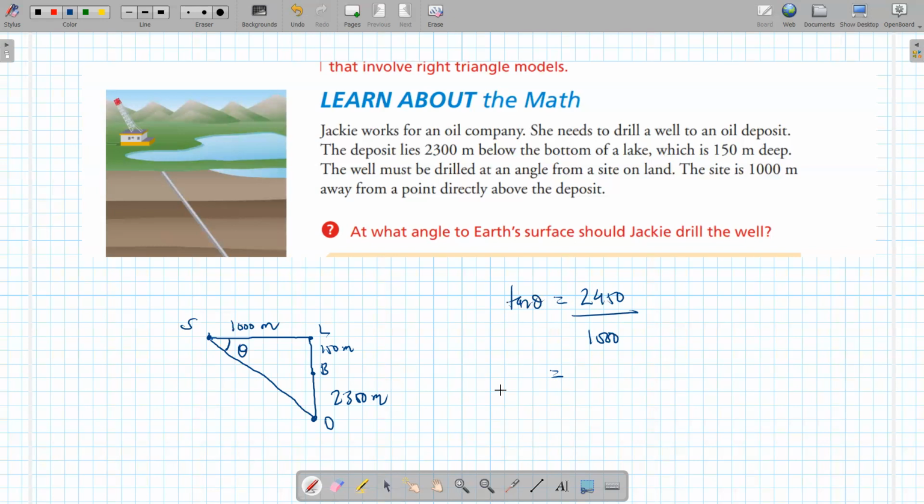You multiply by 1,000? No, because the angle is missing. You need to get rid of the tan. You need to use tan inverse. When the angle is missing, remember you do the inverse. Theta is going to be the tan inverse of 2,450 over 1,000. The angle is 68 degrees to the nearest degree. And you're done.